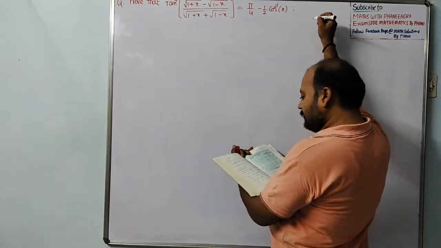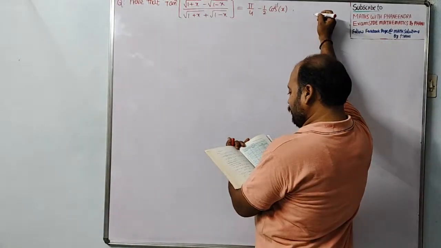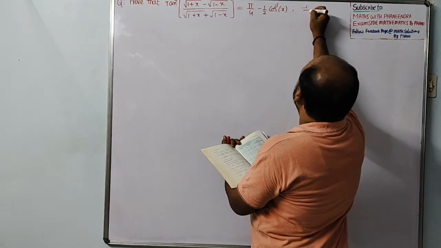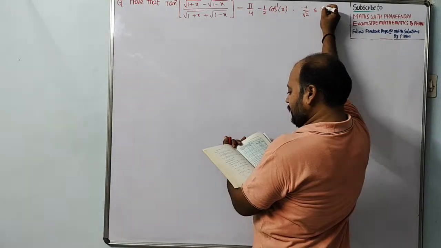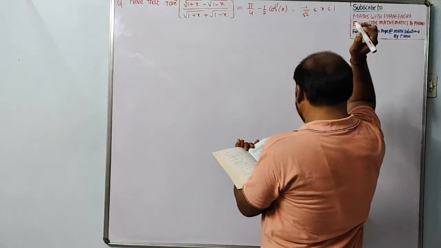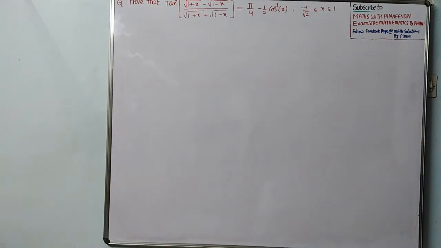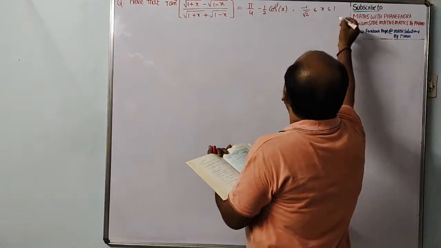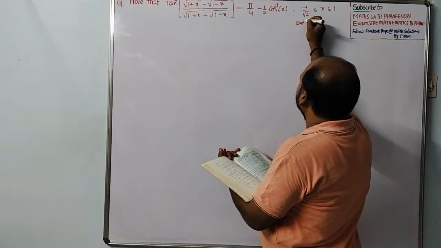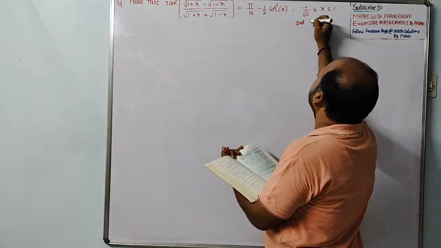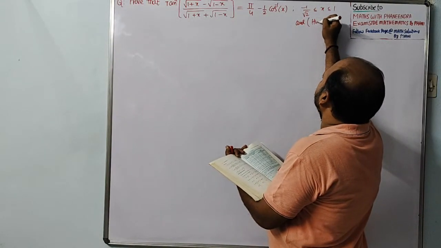This x value lies between minus 1 by root 2, that is, minus 1 by root 2 is less than or equal to x is less than or equal to 1, and a hint is given. What hint is given? The hint is given in the question itself.